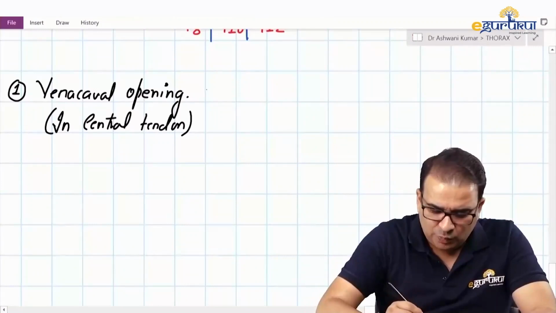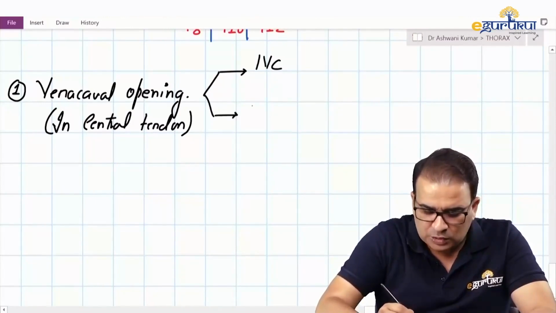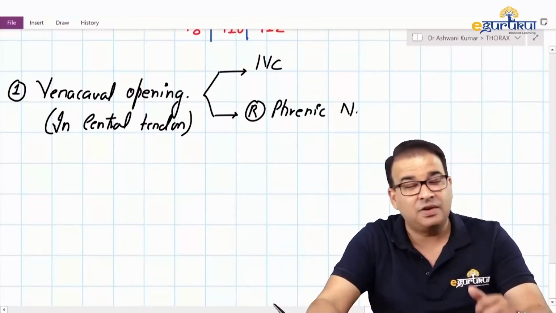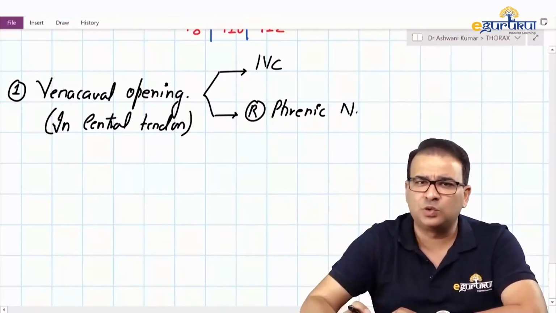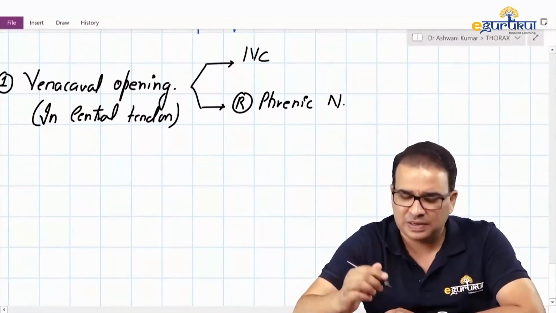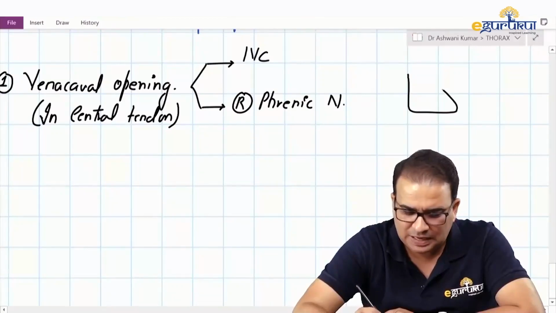Now guys, vena cava opening, first of all, what is it giving passage to? Undoubtedly it will give passage to the inferior vena cava, and it also gives passage to the right phrenic nerve. If you find it difficult to remember how the right phrenic nerve is going through it and why not the left, all you have to do is remember the simple diagram of the heart. Now, if this is the right border of the heart, this is the inferior border and that is the left border.